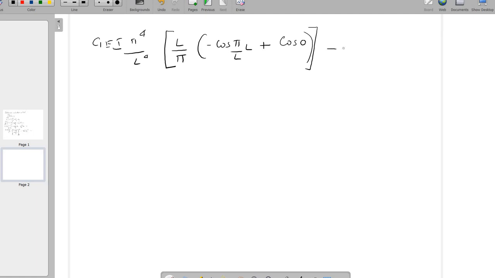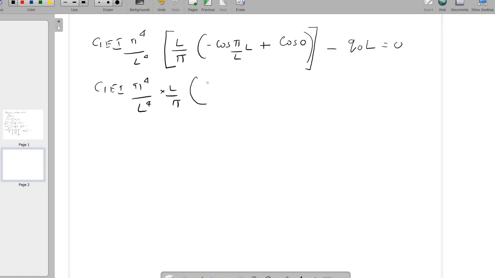The second part is minus Q0. Only the upper limit is valid because the lower limit is 0. Hence minus Q0 L, which is equal to 0. So C1 EI pi power 4 by L power 4 into L by pi.